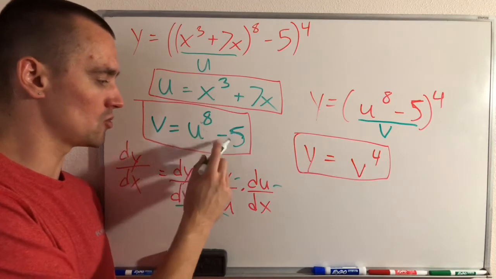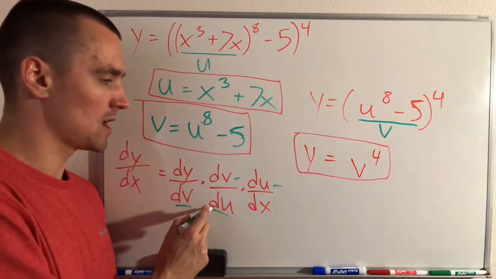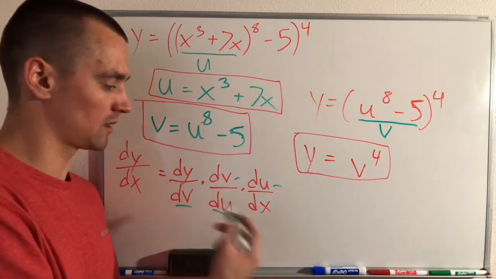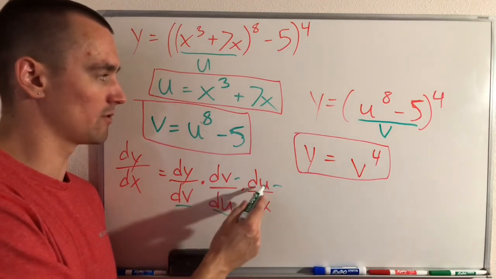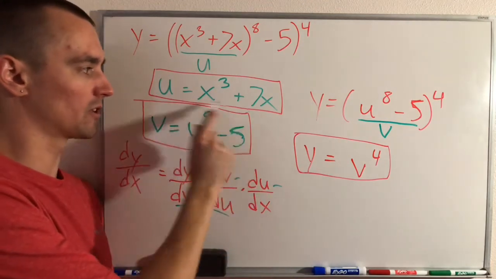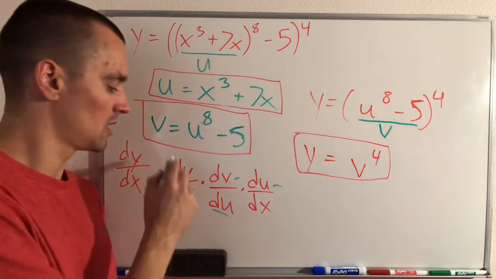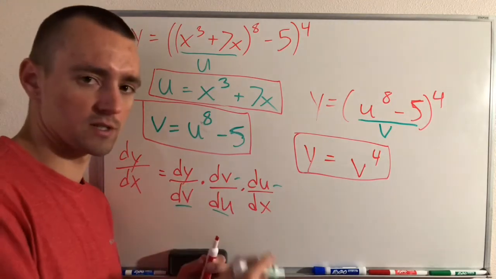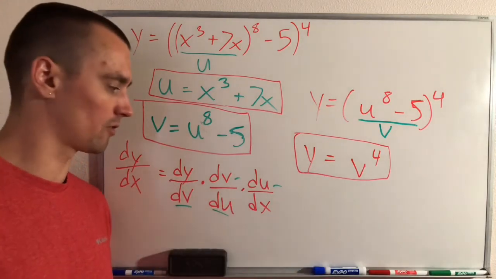Since v is a function of u, it must be a u. And then to bridge from u to the next level, we need to look at the derivative of u with respect to something, and u is a function of x, so we can bridge u to x. So basically these are kind of three bridges to get you one level further into your function.